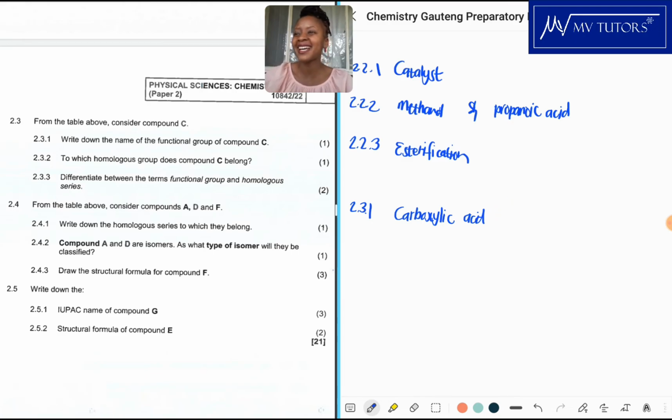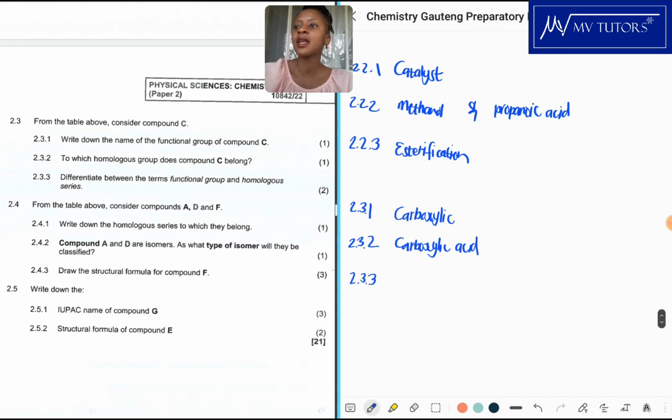The first one, I talked about the homologous group. Yeah, sorry. So the functional group is actually the carboxylic group. Sometimes I also confuse myself. But when it comes to the homologous group, that would be the carboxylic acid.